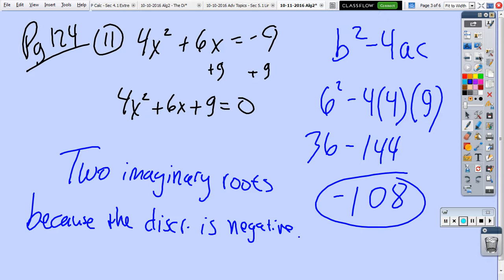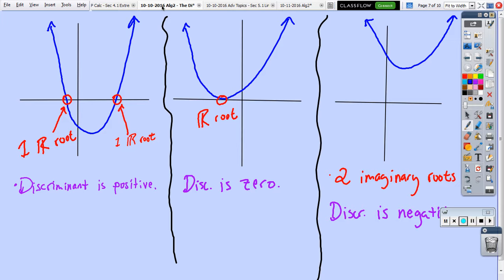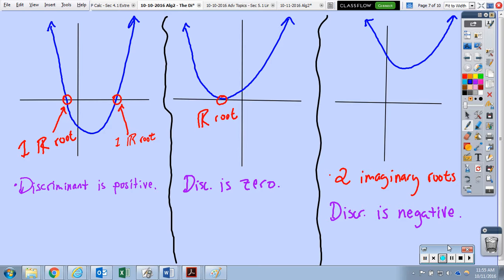And that's one of the 3 cases that we can have. So if we go back and quickly review this here, we got negative 108 for our discriminant. Our discriminant is negative. This is what it looks like graphically, whether it be concave up or concave down, but the point here is that it will not touch or cross the x-axis. 2 imaginary roots.